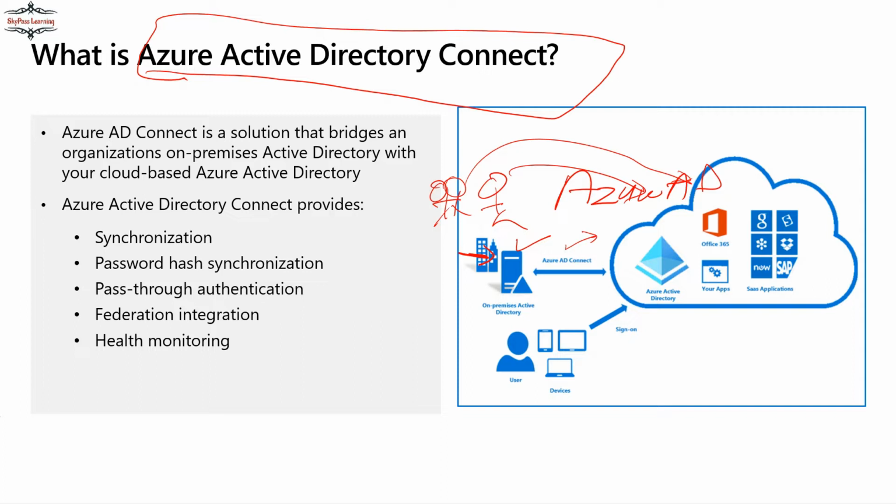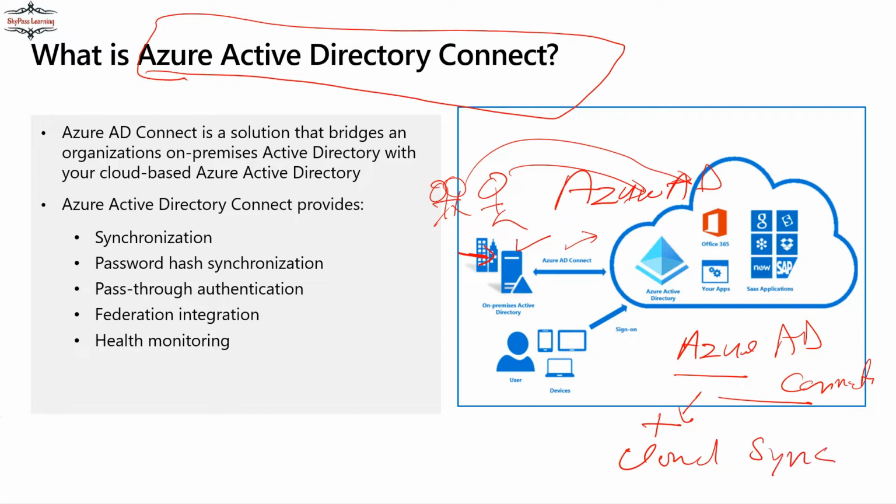The Azure AD Connect Cloud Sync is responsible to sync the objects, whereas the Azure AD Connect is a solution that basically bridges your on-premises Active Directory with your cloud-based Active Directory. So always remember this part. The Azure AD Connect is a complete solution, whereas the Azure AD Connect Cloud Sync is basically responsible to sync your objects.